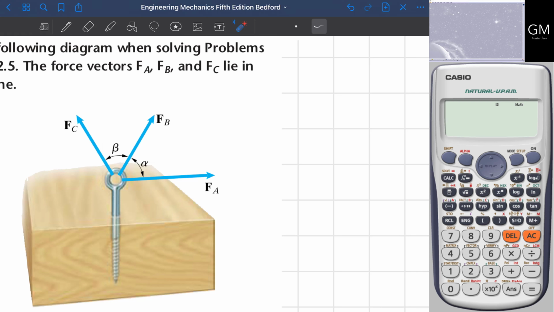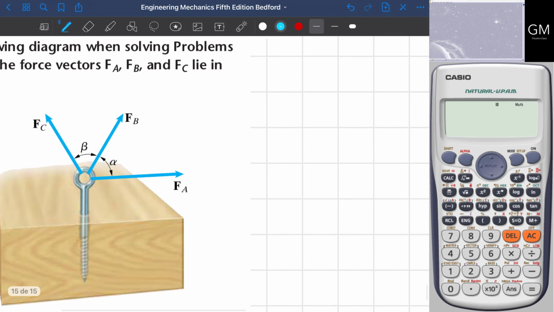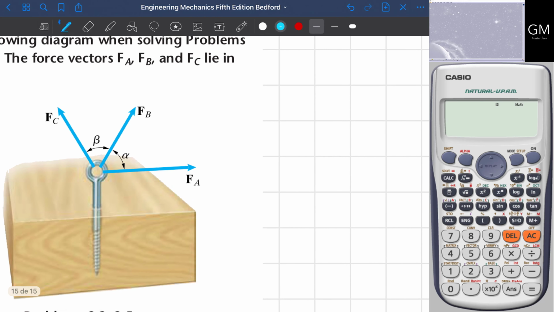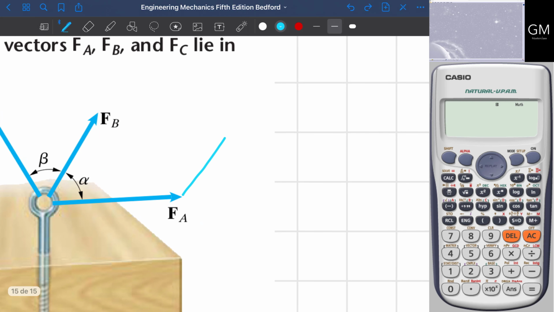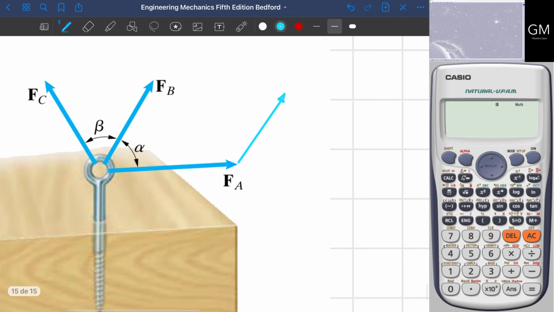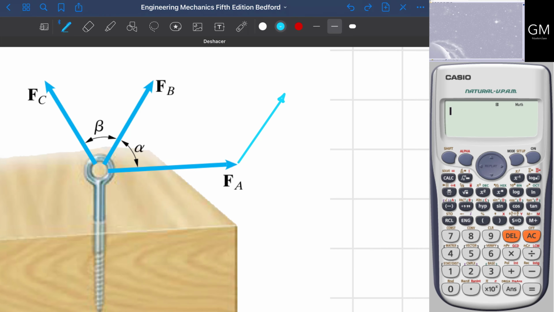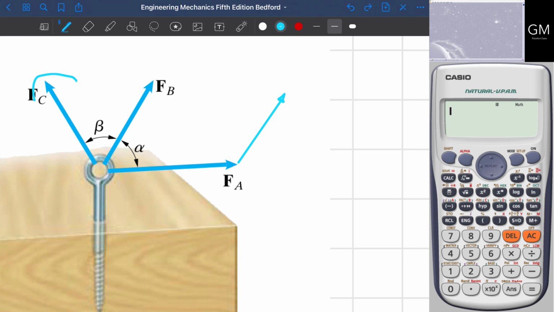Okay, so what I'm going to do here is to use this diagram. In this case, I'm going to move this FB vector right here in order for it to touch the head of one of the two other vectors. In this case, I'm going to choose FA.